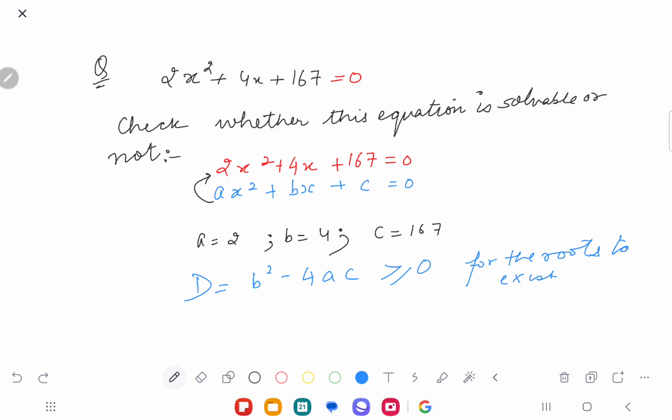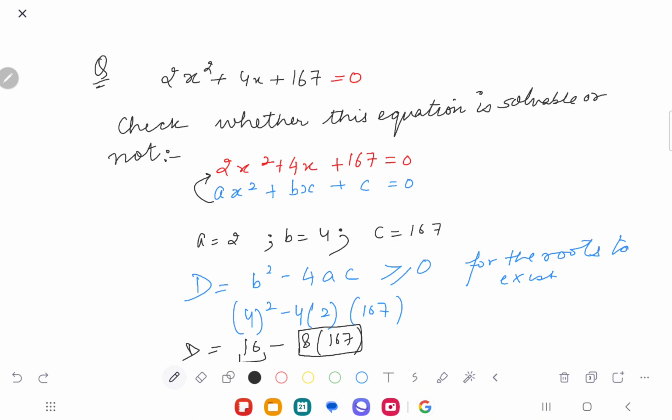So b square is 4 square minus 4ac. So this is 16 minus 8 times 167. Definitely 8 times 167 will be greater than 16. So this discriminant, whatever it is going to be, is going to be some negative value, isn't it?